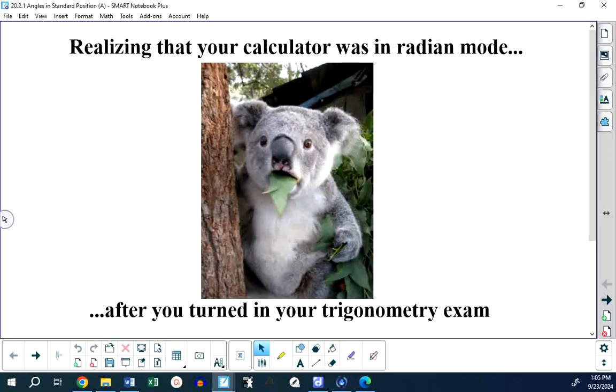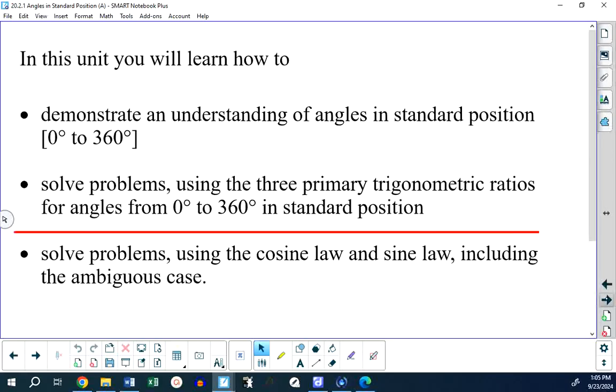So trigonometry is not just about triangles. There's something called coordinate trigonometry, and that's part of what we're going to be working on in this unit. So everything above this red line, this is on the front cover of your unit handout if you're following, is referring to what I've just talked about.